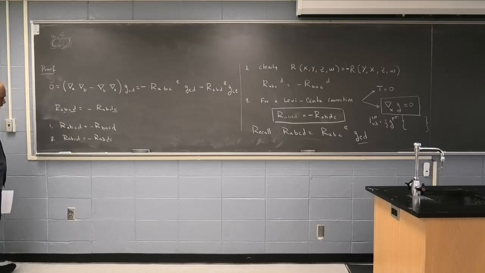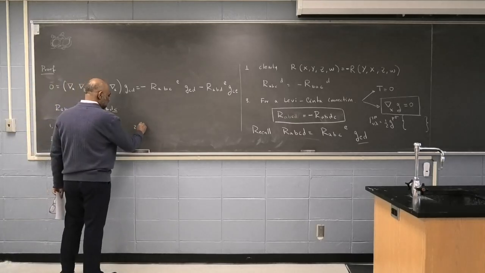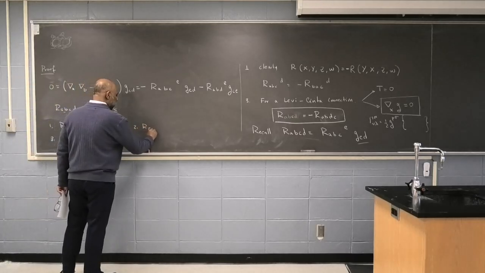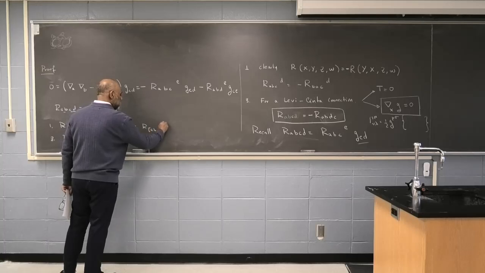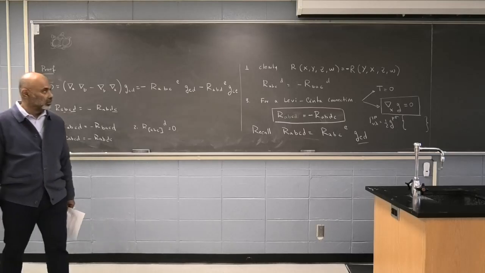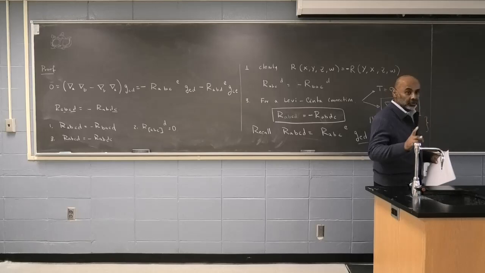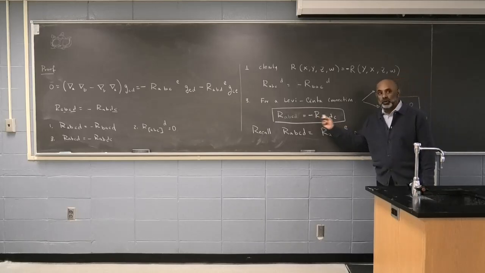I might change the sequence, but I may not. And the second one that I proved was R, A, B, C, D, 0. Let's stop and let me take questions. So what I wrote originally, the swapping of the pairs, I'll do that momentarily.